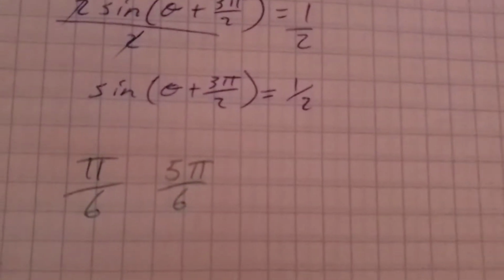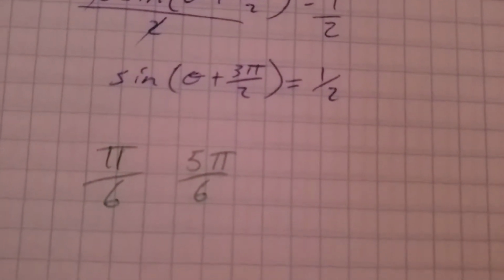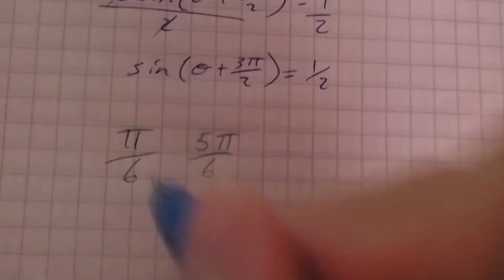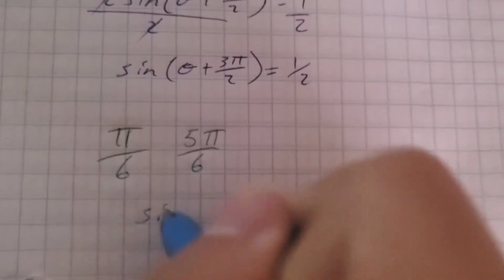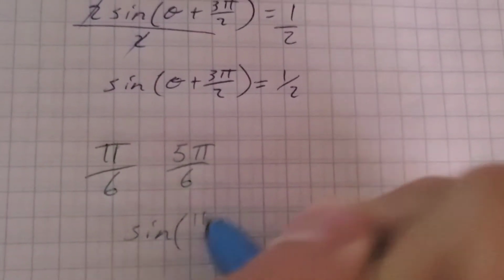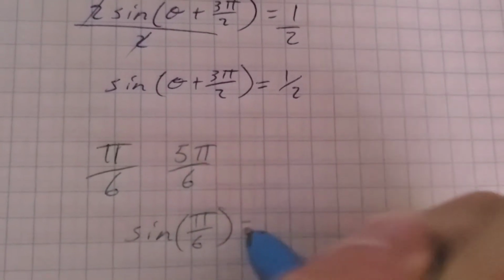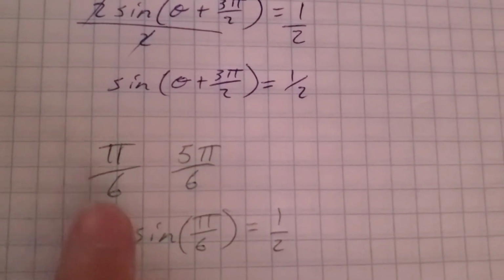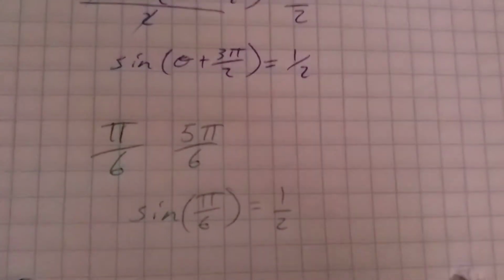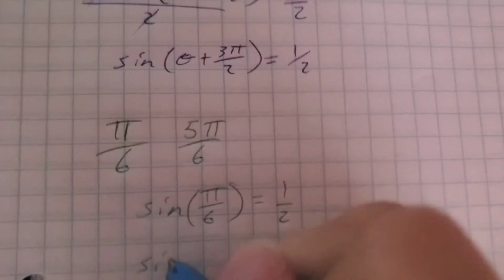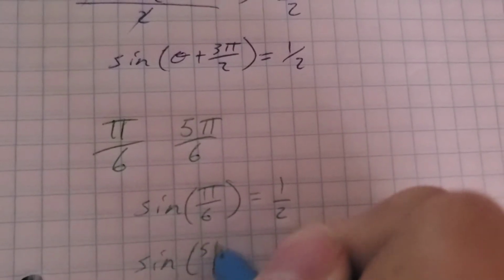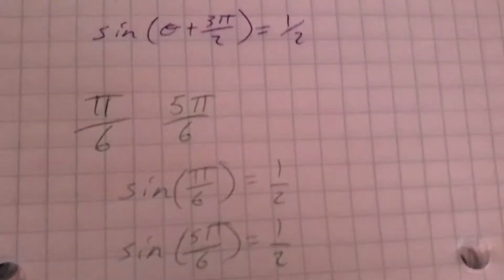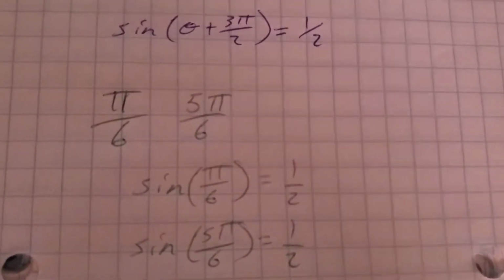Okay, so these are the places where sine is 1/2, but be careful, because we're saying that sine at pi over 6 is 1/2. That's what this solution means. Same thing with the other one, sine at 5 pi over 6 is also 1/2. But here's the thing.